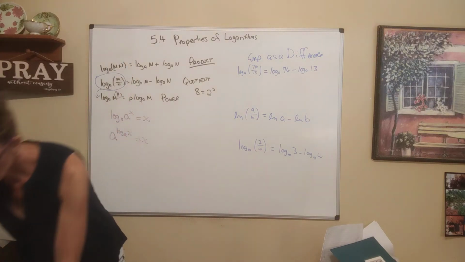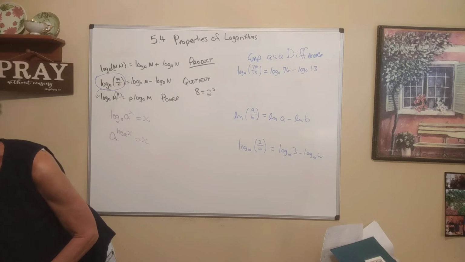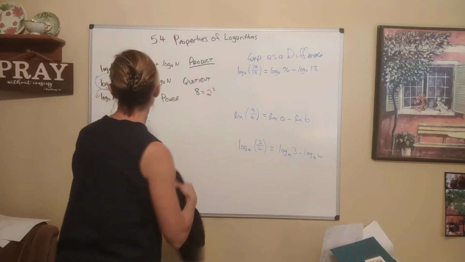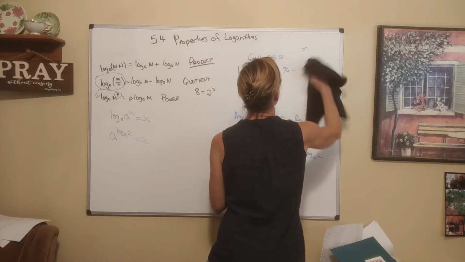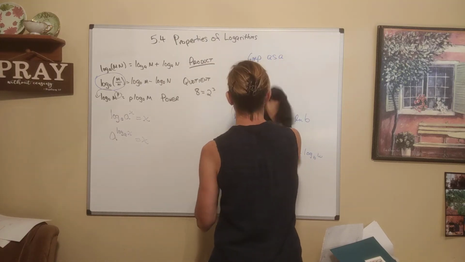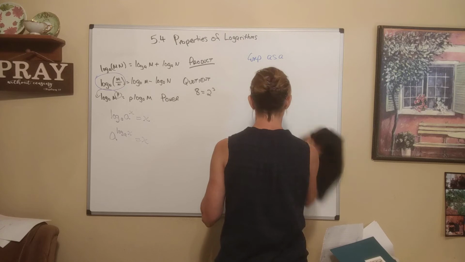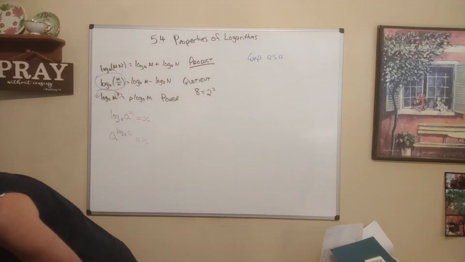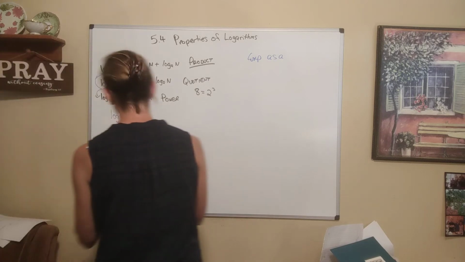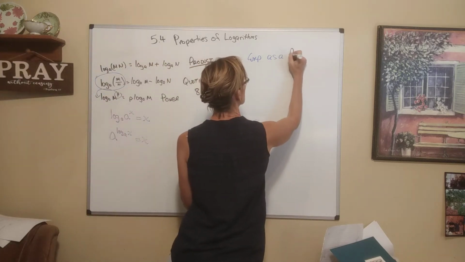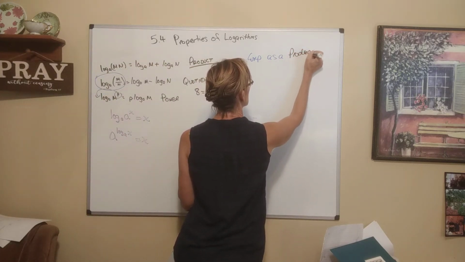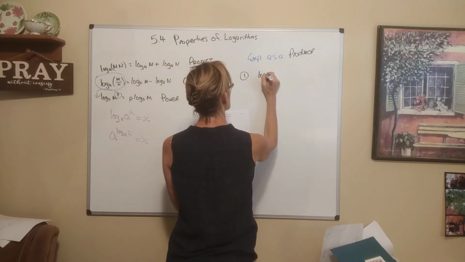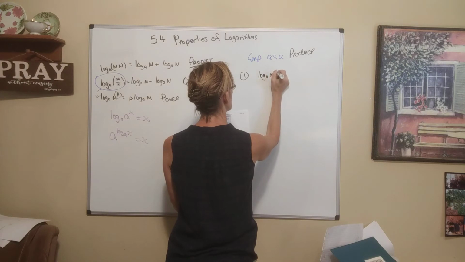Let's go ahead and do the next one, express as a product. Product means multiply. Let's just see what kind of problems I gave us to do. Number 1, log base a of x to the 4.